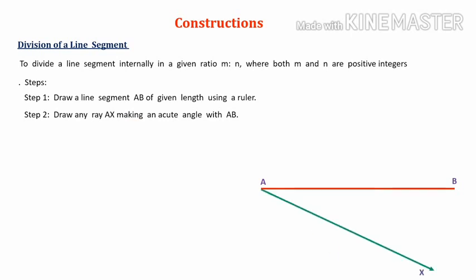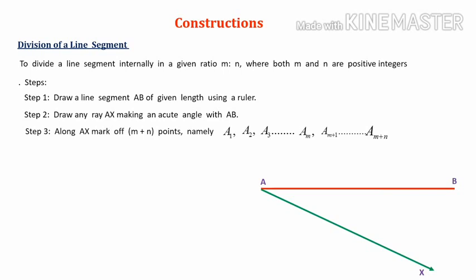So we have to draw the ray AX, and you can see the arrow here because we can extend in this direction. The other end A is fixed. Then along AX, mark off m plus n points, namely A1, A2, A3, etc., A(m+1), etc., A(m+n).